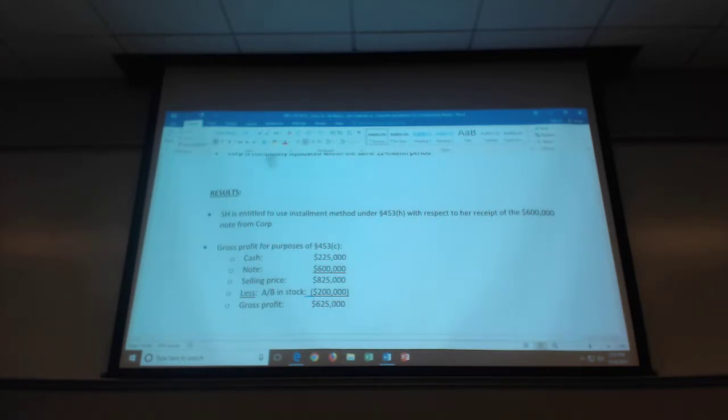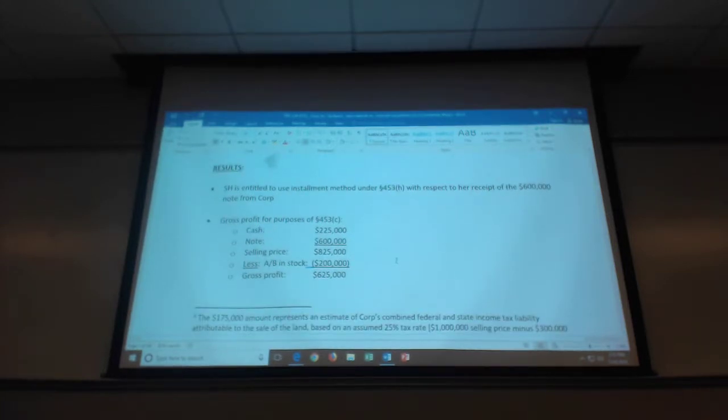One other point here is that when a shareholder receives this type of promissory note, if it wants to, the shareholder is permitted but not required to elect out of the installment method. What I mean by that is that the installment method is a default rule, meaning that when a seller of property receives a promissory note that otherwise qualifies under the installment method, the seller is automatically entitled to defer the reporting of the payments on the note.